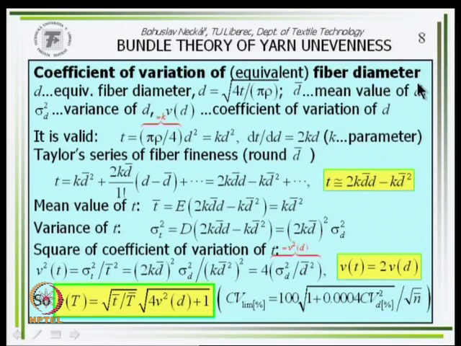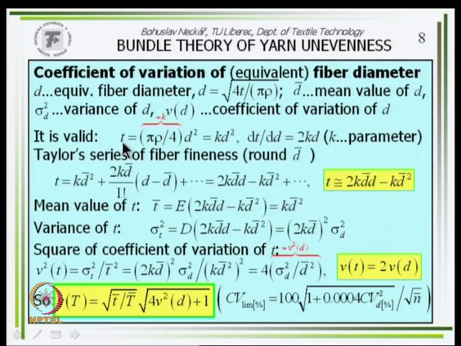The coefficient of variation of fiber diameter is now our theme. Let's think that D is the equivalent fiber diameter. Fiber diameter we derived is 4 times T by pi rho. D bar is the mean value of fiber diameter D, sigma square D is the variance of fiber diameter D, and Vd is the coefficient of variation of fiber diameter D.